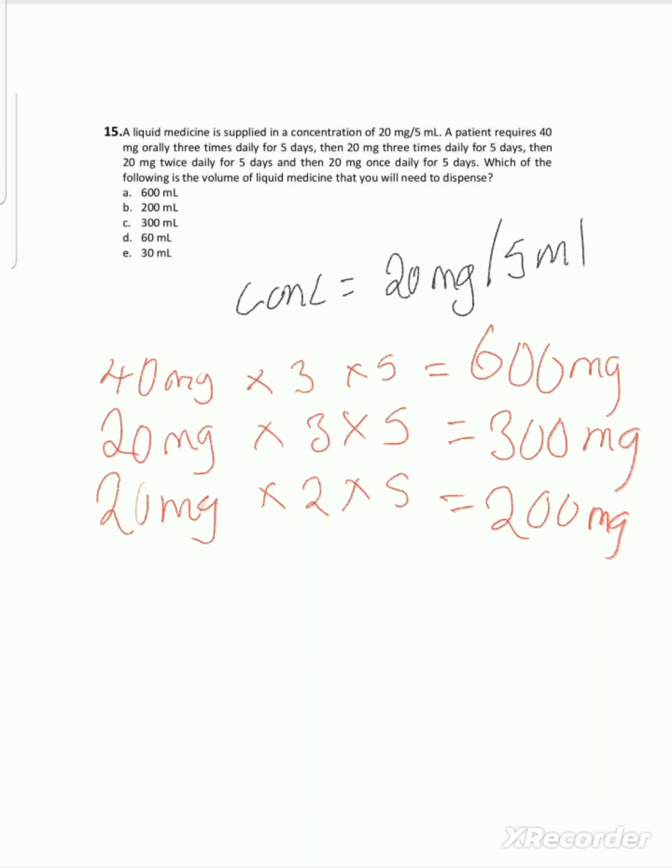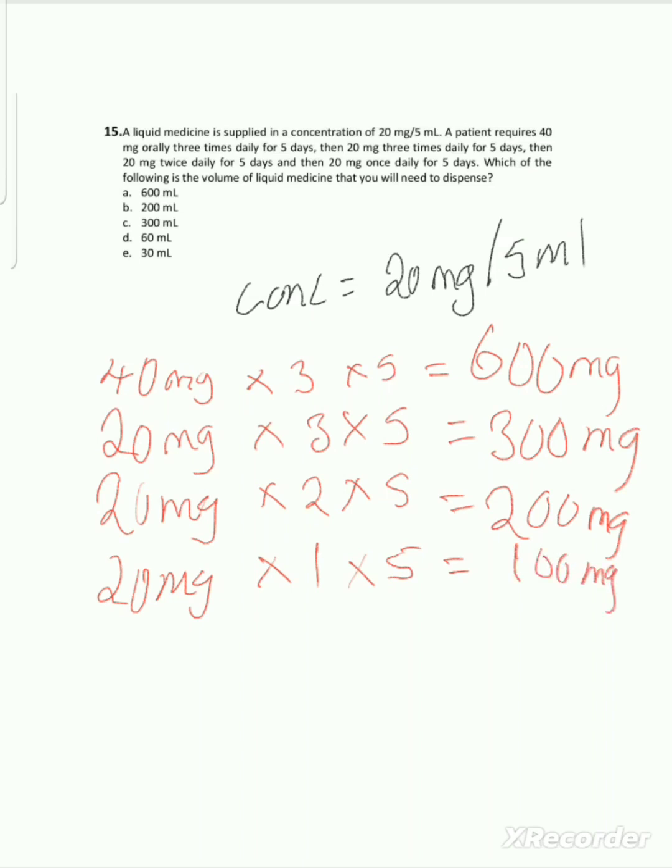Then the next one they're saying then 20 milligrams once daily for 5 days. So here I'm going to write 20 milligrams daily, which is once for 5 days. So it will be 100 milligrams.